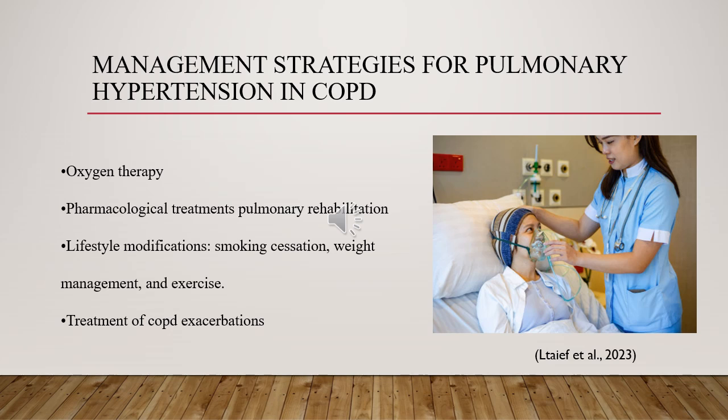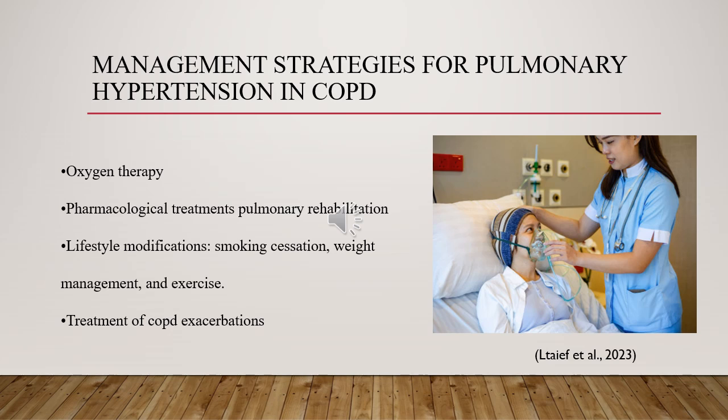Managing pulmonary hypertension in the context of COPD requires a multifaceted approach that addresses both the underlying pulmonary disease and the cardiovascular complications. Oxygen therapy is a cornerstone of treatment, aimed at reducing hypoxemia-driven vasoconstriction and lowering pulmonary artery pressures.